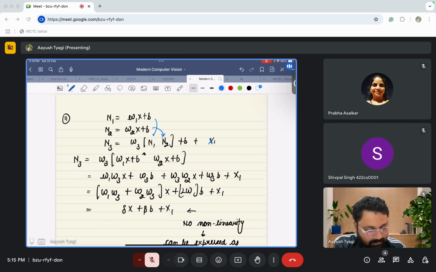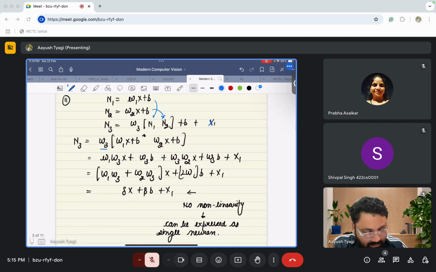What you get is w3 into (w1 x plus b), w3 into (w2 x plus b). You get w1 w3 x, w2 w3 x, the multiplication of these, plus bias, and you have an input which is the skip connection x1.